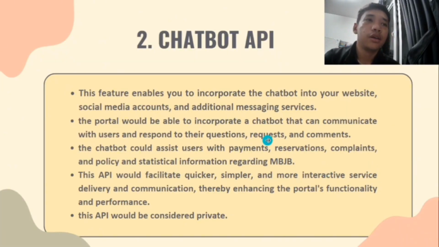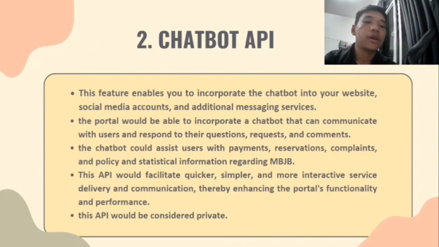And the second API is a chatbot API. Chatbot API is a collection of documents that allow users to connect their channels with the chatbot software and add more functionality to the chatbot. These features enable you to incorporate the chatbot into your website, social media accounts, and additional messaging services.